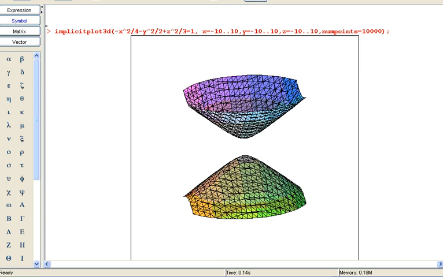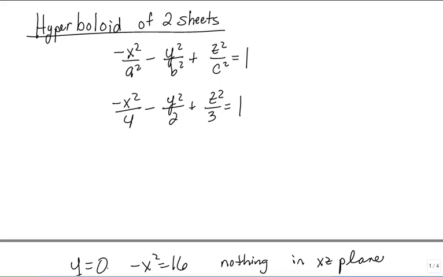So let's get to an example and see how we can sketch this. Now the traces should tell you what shape you have. I mean, it's not too hard to figure out, so I don't expect you to memorize all the different types, but you should become familiar with them so you know what to expect.